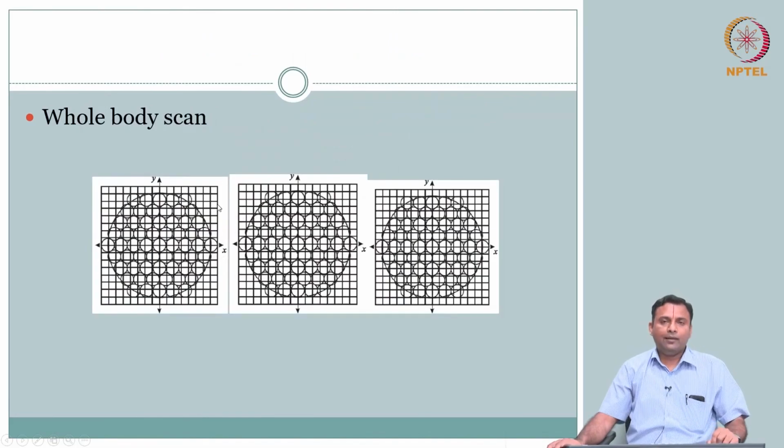Whole body scan is not that difficult. Essentially you have one frame, register it, move to the next, register it, move to the next. So you juxtapose them so that you have the whole body. Of course, you can time this: the radioactivity you put in is engineered to give radioactivity.